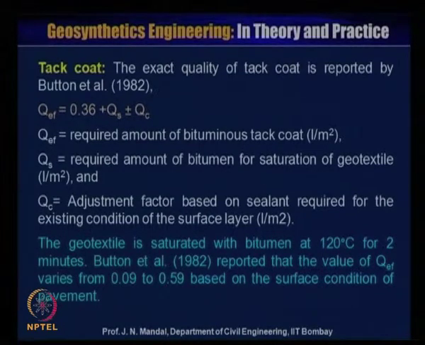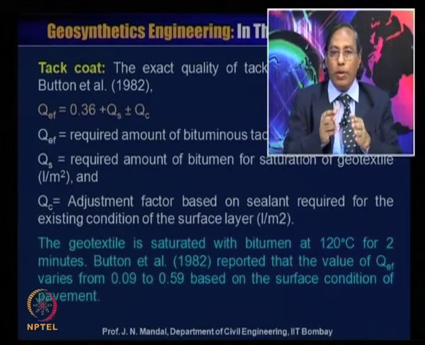QS is the required amount of bitumen for saturation of geotextile, in liter per meter square, and QC is an adjustment factor based on the sealant required for the existing condition of the surface layer, in liter per meter square.